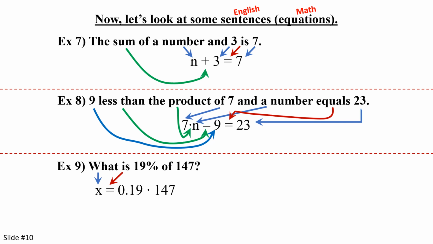Is means equals. 19% written as a decimal is 0.19. Of means multiply. And 147 is a number. Or we could write it as x equals 19 over 100 times 147. Both are valid depending on how you want to use it.